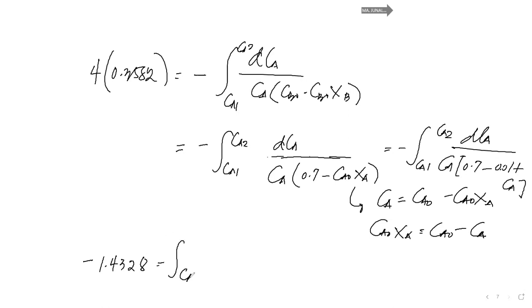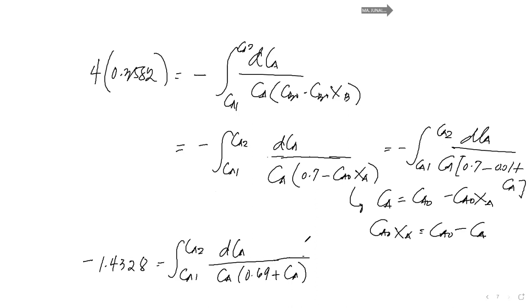Okay, integral from Ca1 to Ca2 dCa over, so this 0.7 minus 0.01 is 0.69. So you have Ca times 0.69 plus Ca. Okay, that's more like it. So this is now our integral.